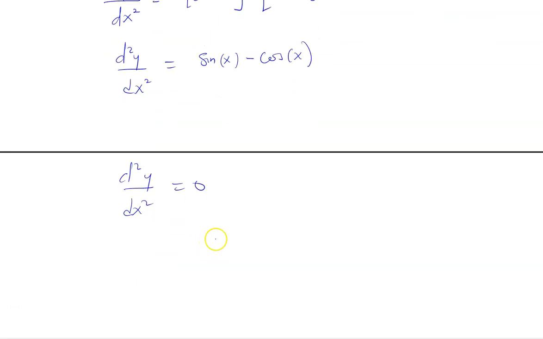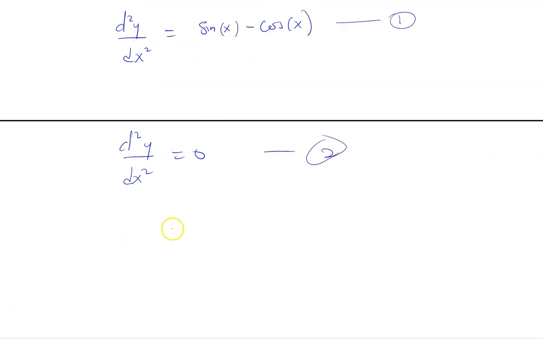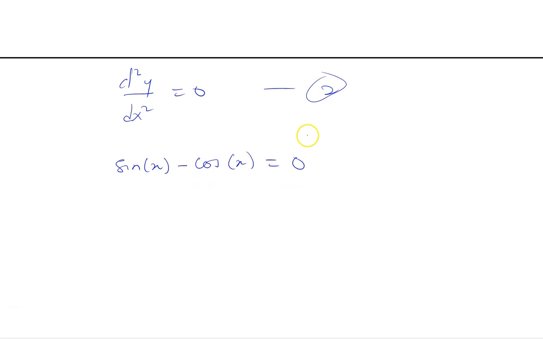So we are going to equate these two equations, equation 1 and equation 2. Equating the two of them, I'm going to get sine x minus cos x equals 0. So I can still simplify. I can say that sine x equals cos x.